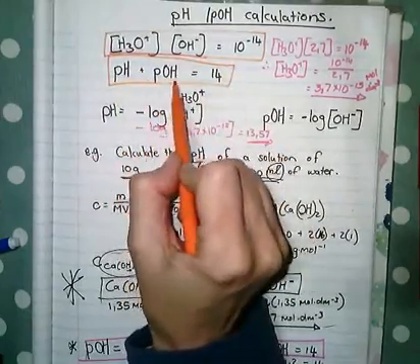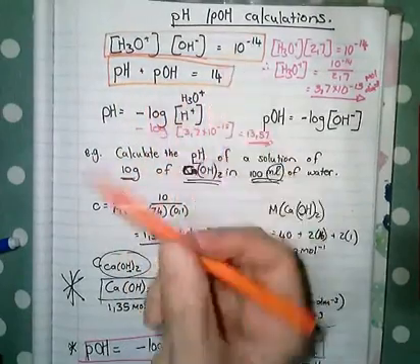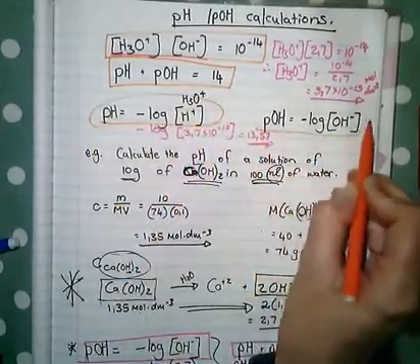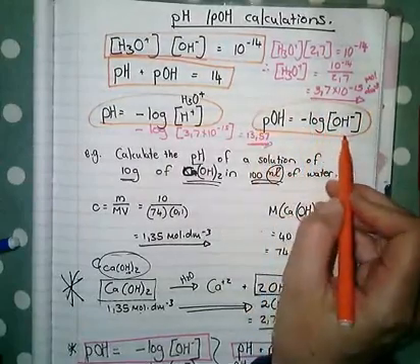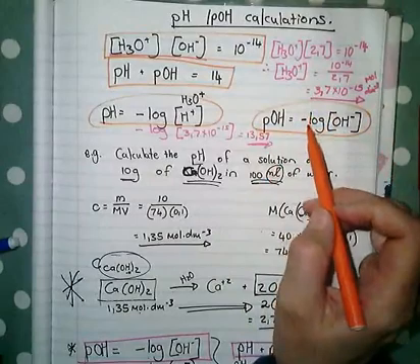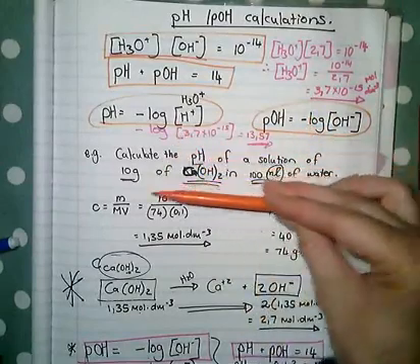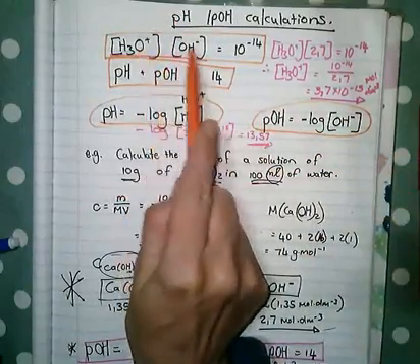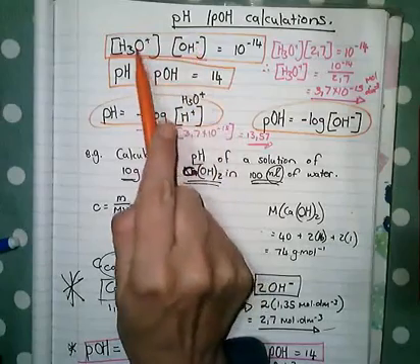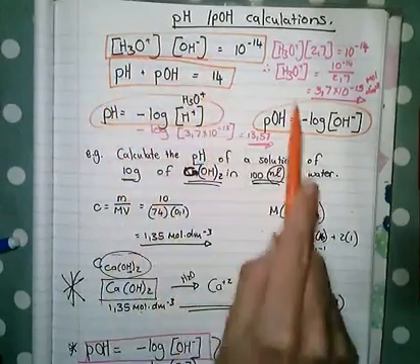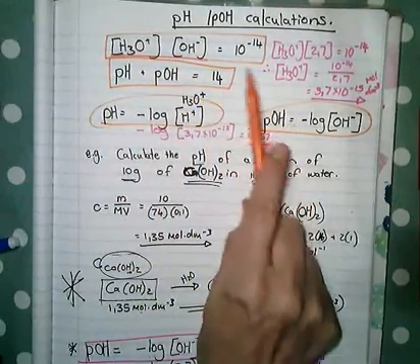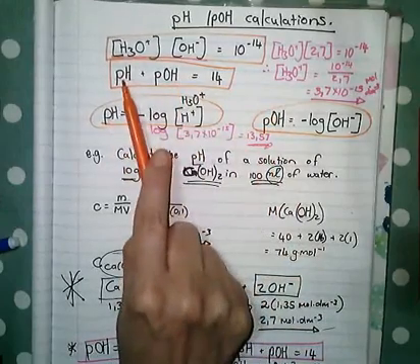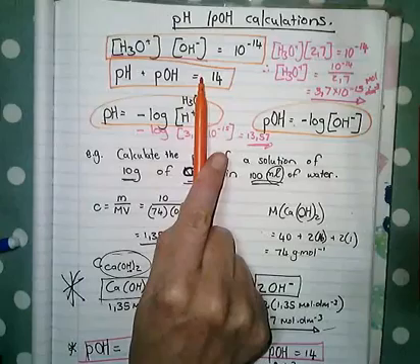From that concentration, you can get pH, or you can get pOH. If you have gotten pOH but you were supposed to get pH, you can convert to pH with this calculation. Or if you have the concentration and go directly there, you can convert with those. So you can use these four formulas whenever you have the concentration of one of these and you need either pH or pOH.